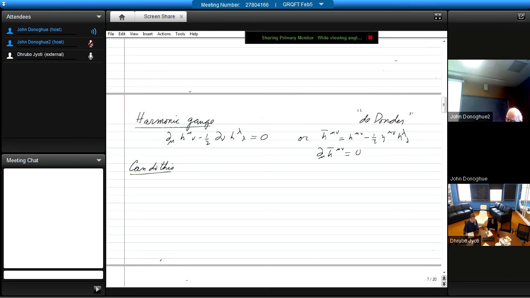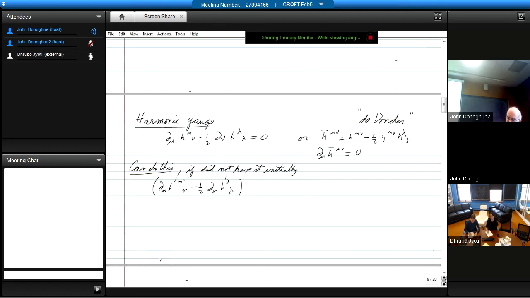Let's imagine I initially did not have it. It's easy to see that you can pick an epsilon for which it works, and here's how you do it. It's d mu h prime mu nu minus 1/2 d nu h lambda lambda prime.